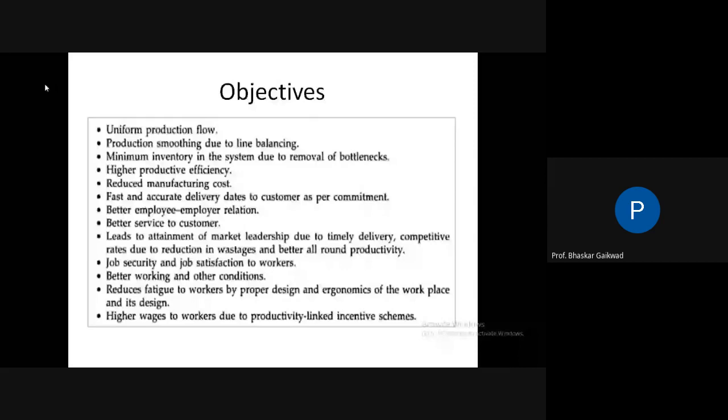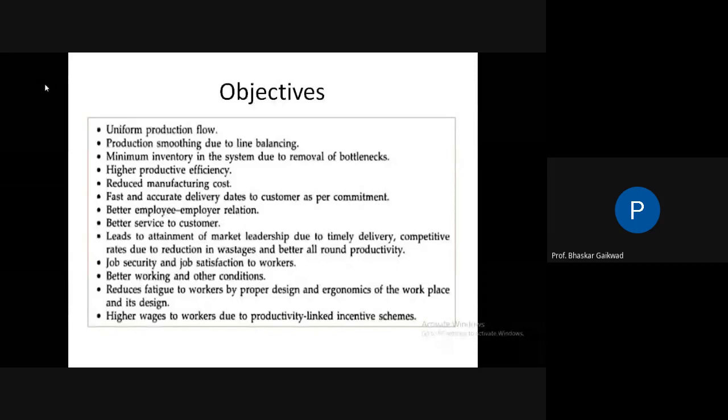In every industry there is a need of work study to increase our ultimate goal, our productivity. Now, whatever points are there, these are repeated points from the introduction of industrial engineering. Whatever we studied in the last two, three lectures, similar points we have briefly given here.